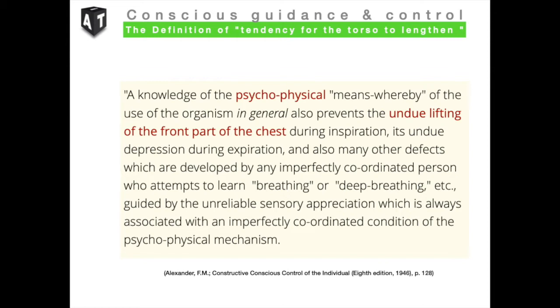"A knowledge of the psychophysical means whereby of the use of the organism in general also prevents the undue lifting of the front part of the chest during inspiration, its undue depression during expiration, and also many other defects which are developed by an imperfectly coordinated person who attempts to learn breathing or deep breathing, etc., guided by the unreliable sensory appreciation, which is always associated with an imperfectly coordinated condition of the psychophysical mechanism." So this is the sentence.